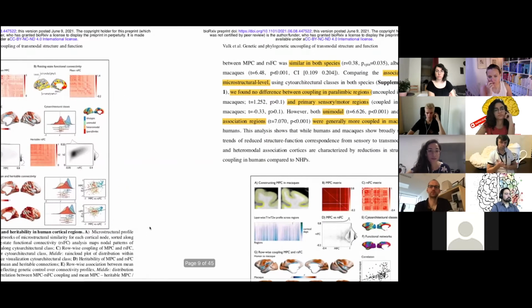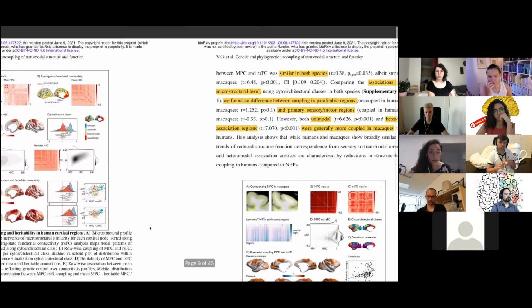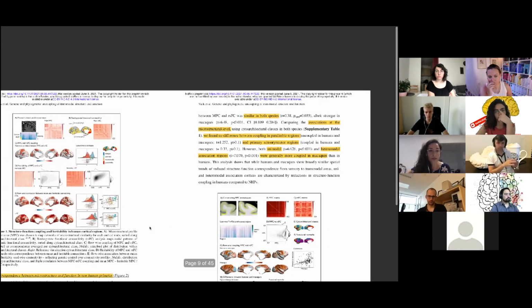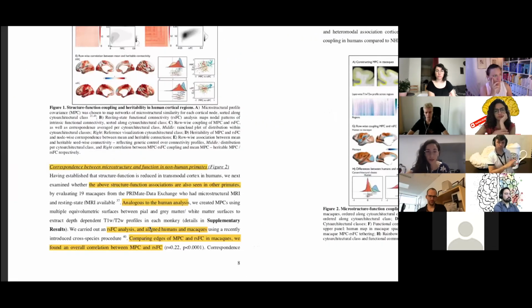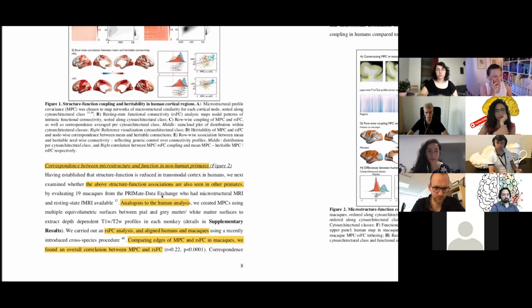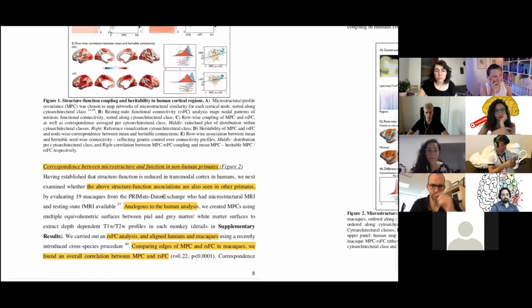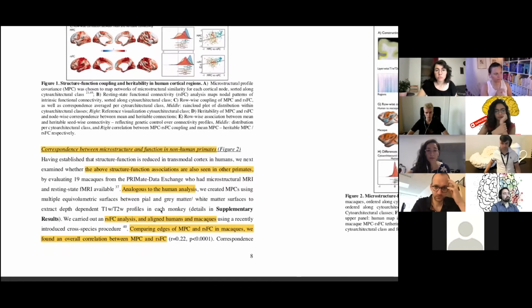So in a further step, the authors looked at the correspondence between structure and function in non-human primates, and they used the Primate Data Exchange repository, and they computed the structural matrices similarly to the approach used for humans.